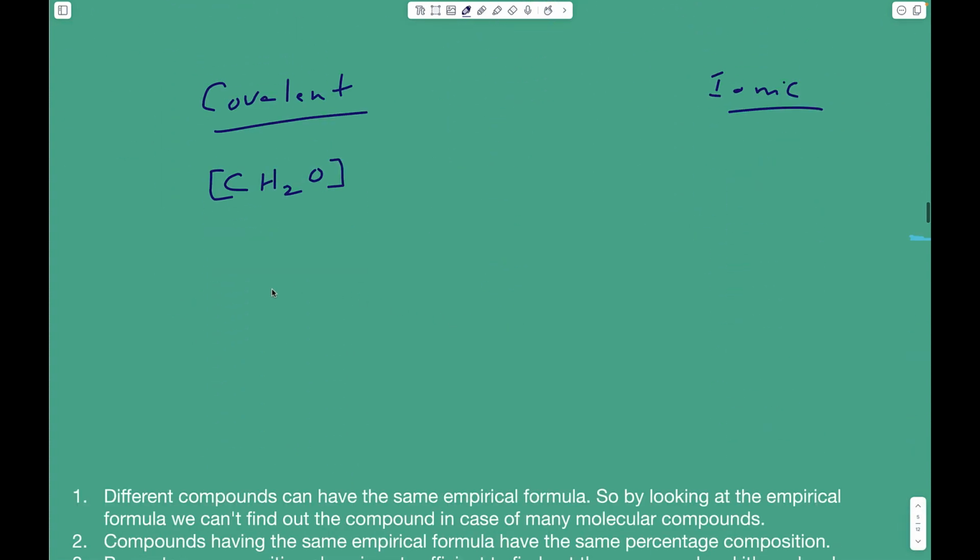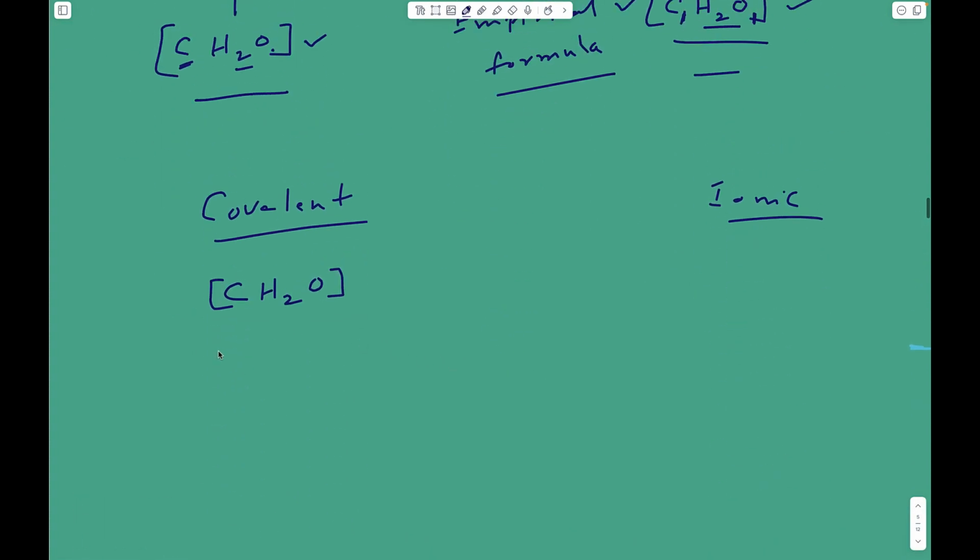But on the other hand, if you take carbon dioxide, it has the molecular formula of CO2 and its empirical formula is also CO2. And there is no other compound with the same empirical formula as CO2.